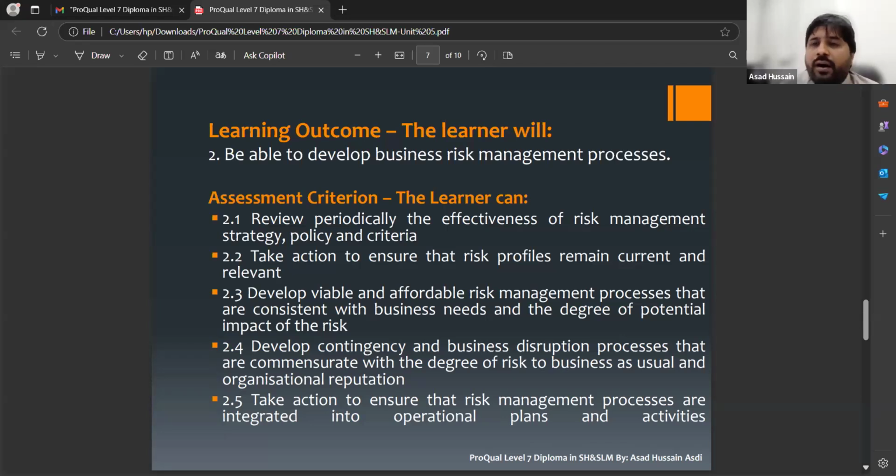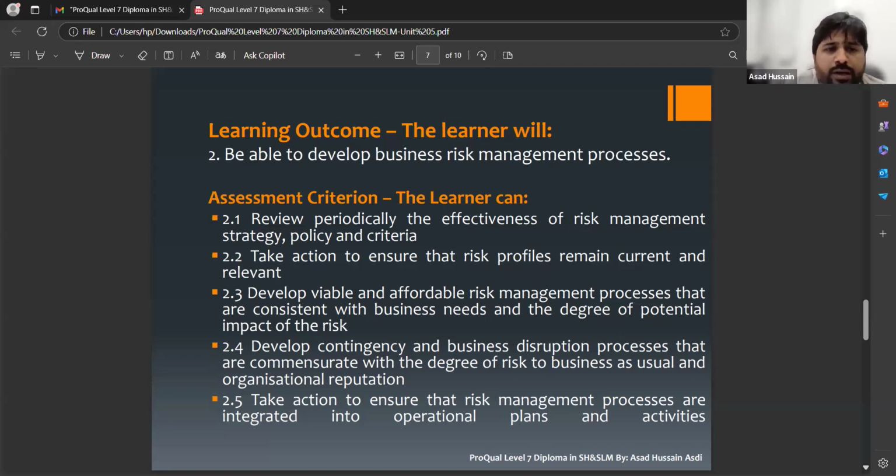So they have to provide narration on how their organization is working there, and evidence confirming that they and their organization are ensuring that risk profiles are current and relevant. Whatever they are doing, they can produce any evidence of that.